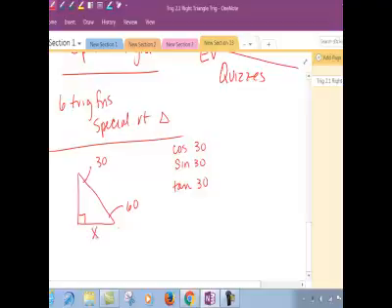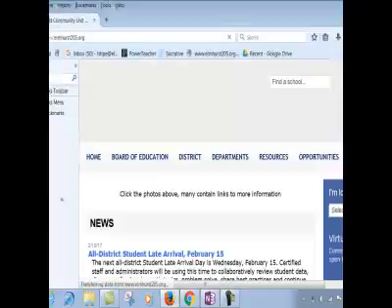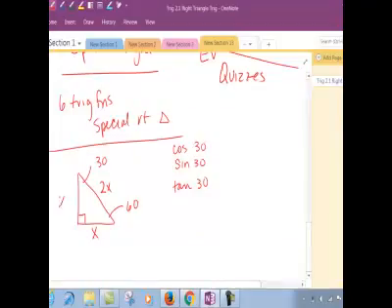So we know that the opposite the 30 is x, the hypotenuse is 2x, and opposite the 60 would be x root 3. All right, so the cosine of 30, I'm going to do adjacent over hypotenuse, and those x's cancel out, and so root 3 over 2 is the cosine of every 30-degree angle.